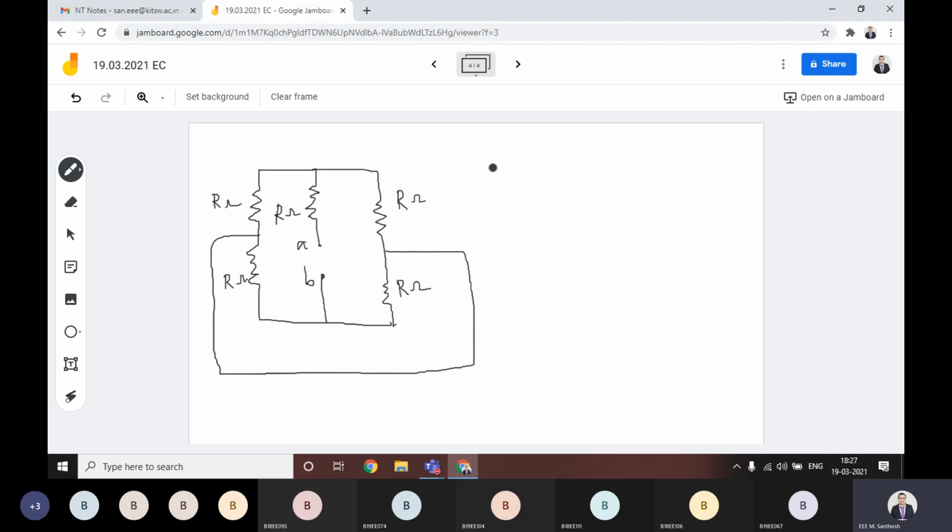Now for this circuit diagram, what is the RAB in the circuit? You have to find the value of resistance across AB terminals. What is the RAB in the circuit when all the resistors are equal to R? That's what we have given.